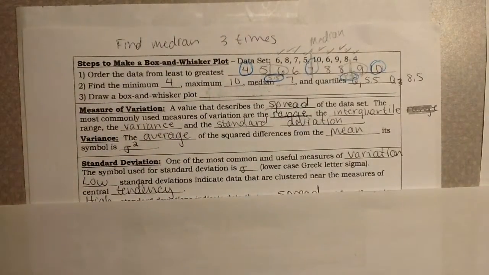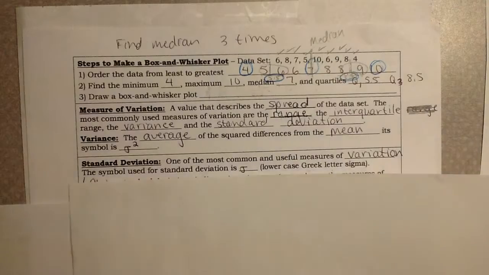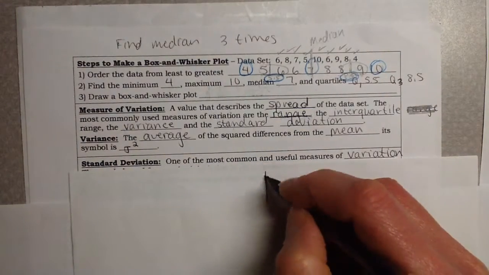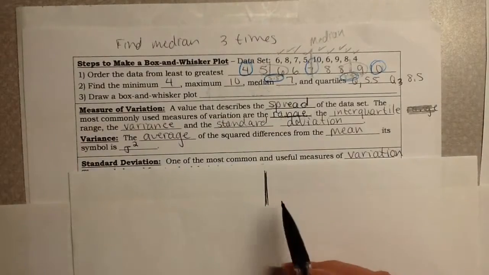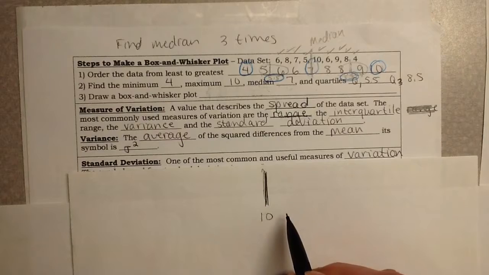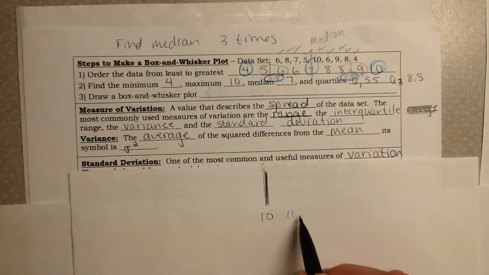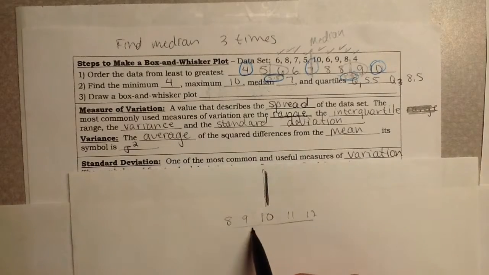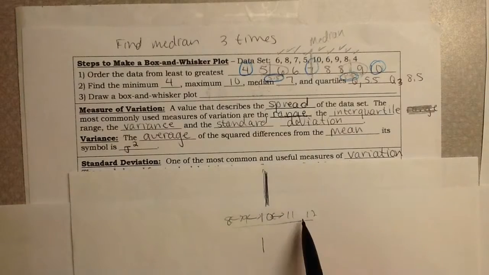So, for instance, let's say I have this is my mean at maybe 10, and I have my other data might be 11, 12, 9, 8. This would have a low standard deviation, because there is a small difference between each of these values.